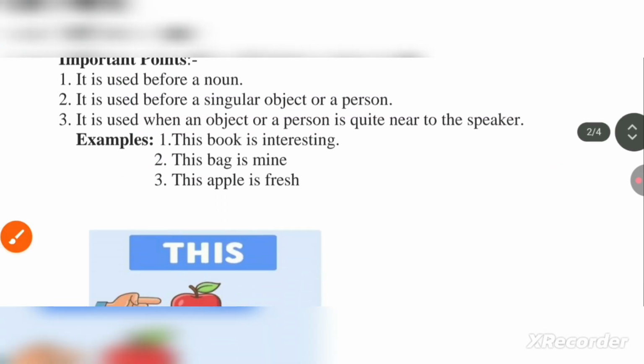All of these words, this book, this bag, this apple, we must keep in mind that all of these nouns are only 1 in number, and all the important points which I have mentioned over here must be in our mind wherever we are using this demonstrative determiner.